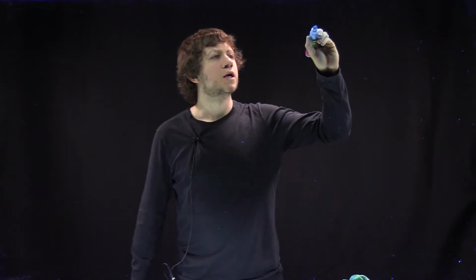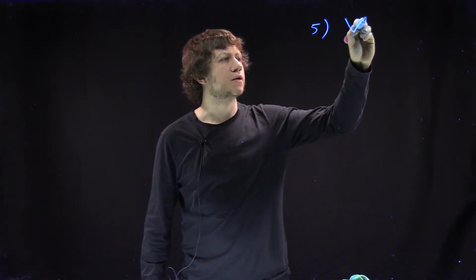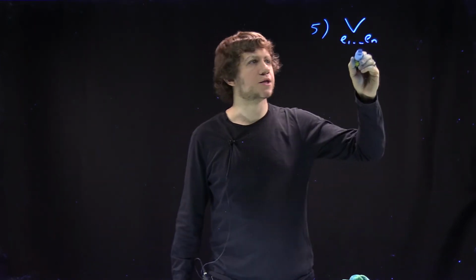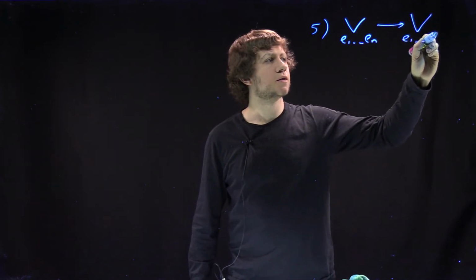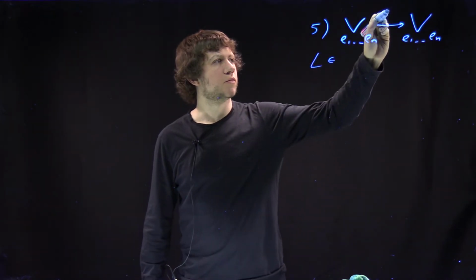Okay, so maybe one last property of matrix stuff. Let's suppose that we have a vector space V with a basis, and we look at maps from V to V with the same basis, and let L be a linear map here.